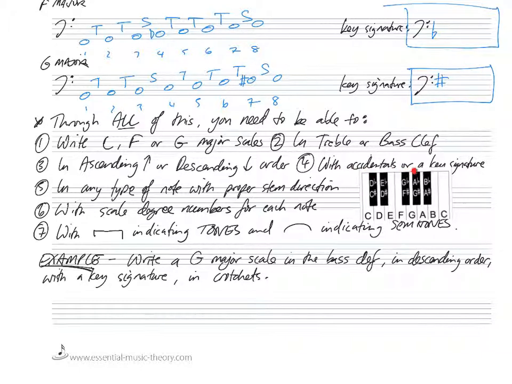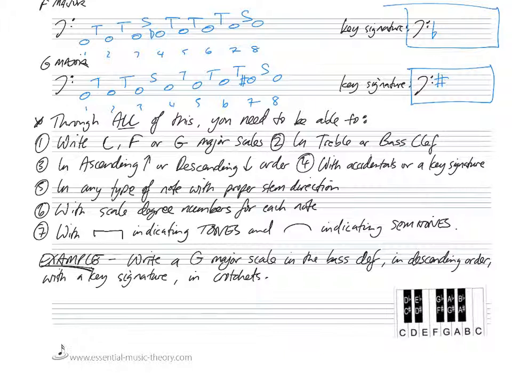You need to do it either with accidentals or with a key signature. So either you're going to write the sharps or flats before the note, or you're going to write the key signature at the start that indicates you have to sharpen the F without having to write the sharp there.